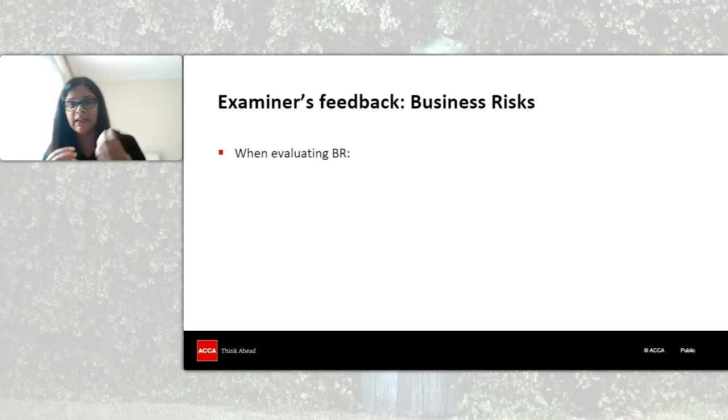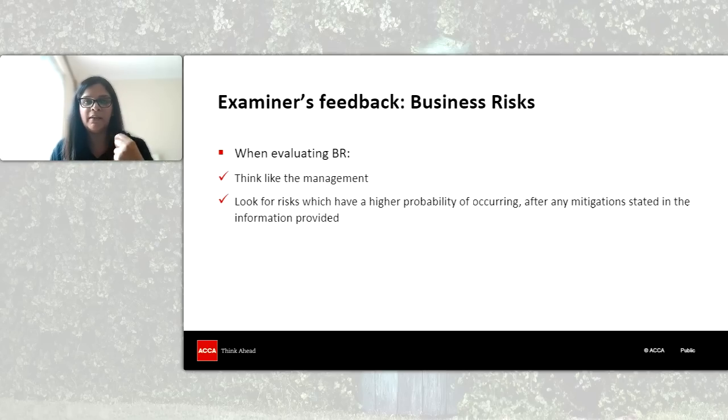So we'll now move on to covering each part of the requirement. Like I said, there were 4 parts to this question, the ones that have been published: business risk, ROM, procedures, and then non-compliance. Examiners' feedback on business risk has again been commonly mentioned in the earlier reports as well. As you read through the scenario, you have to think like the management.